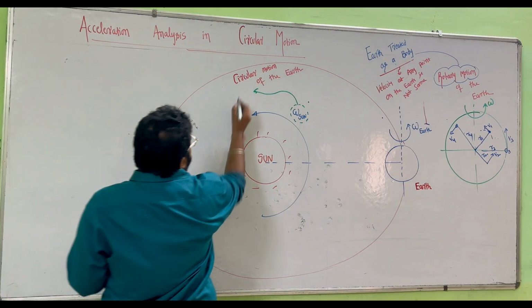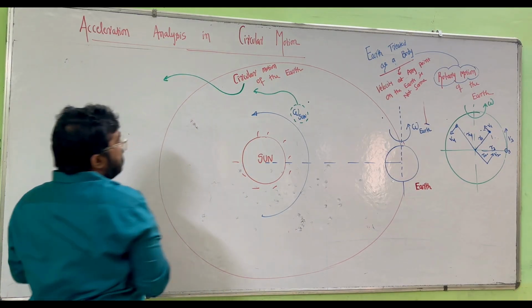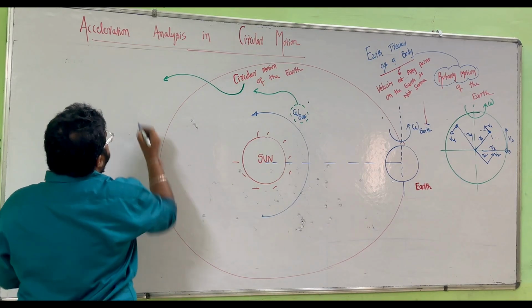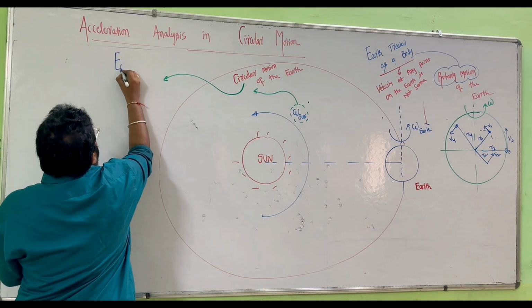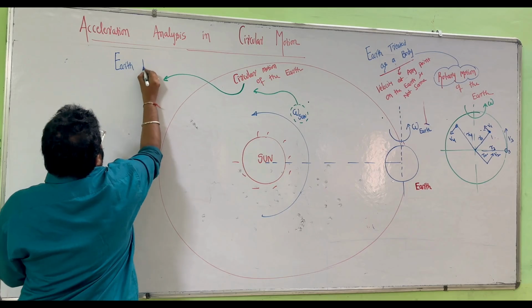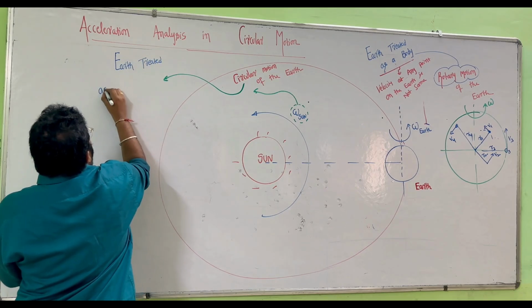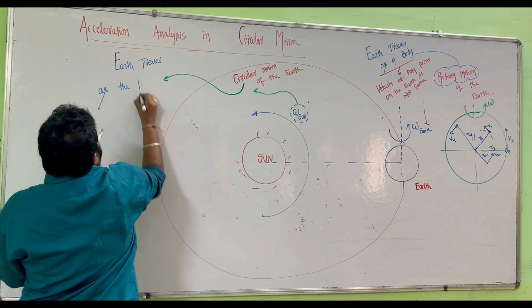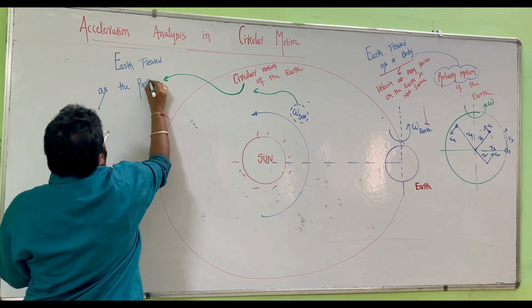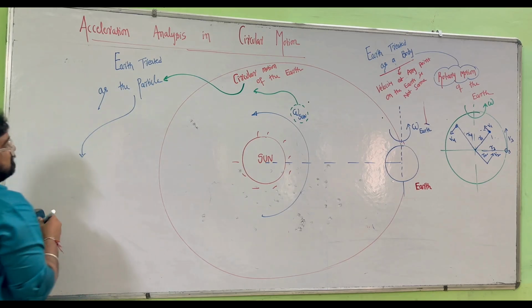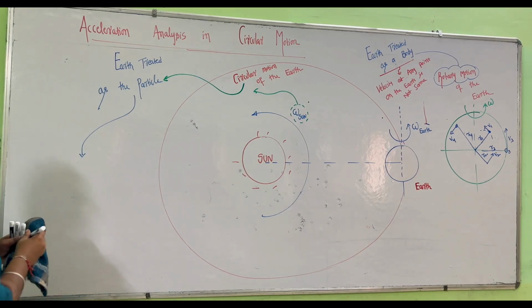In that circular motion, Earth is treated as a particle. That is why velocity at any point on the Earth is the same.